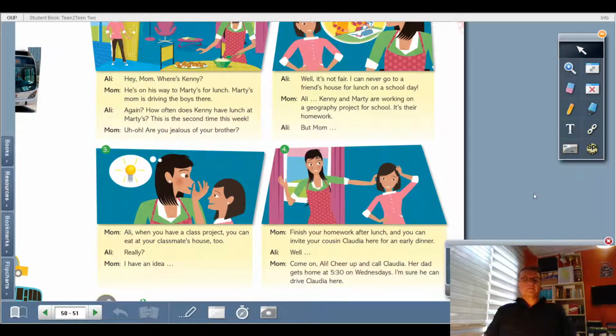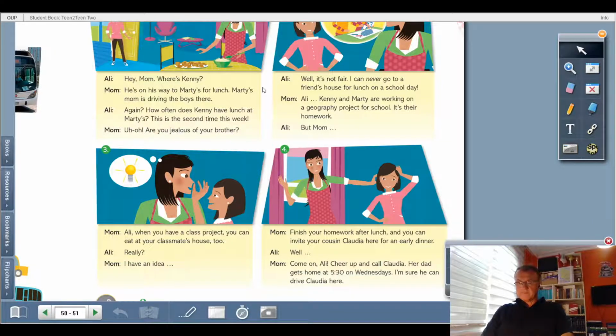Unit 7, page 51. Topic snapshot. Exercise 1. Read and listen to the conversation. 1. Hey, Mom. Where's Kenny? He's on his way to Marty's for lunch. Marty's mom is driving the boys there. Again? How often does Kenny have lunch at Marty's? This is the second time this week. Uh-oh. Are you jealous of your brother? 2. Well, it's not fair. I can never go to a friend's house for lunch on a school day.